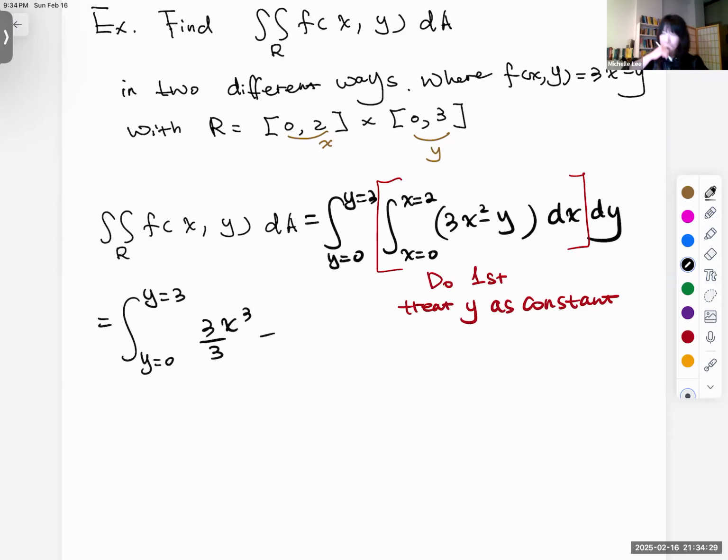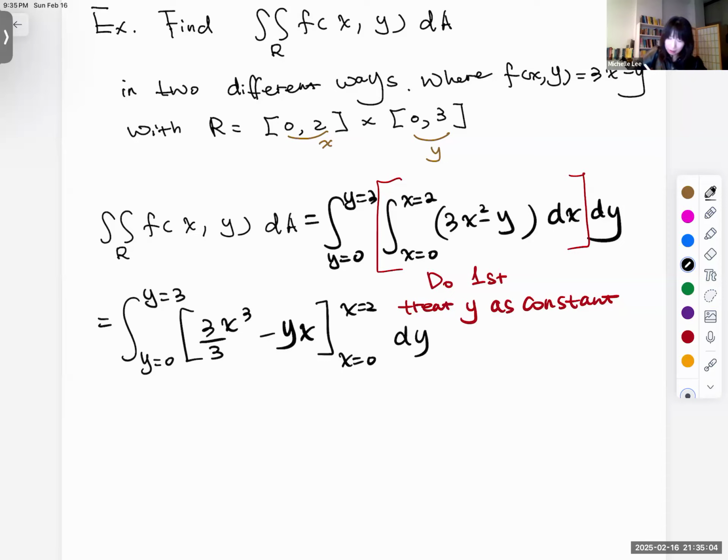Very good. Okay, second term, we want to be careful. Integrate with respect to x, but y is constant, so we keep the constant. Then what? X. Very good. Now we need to evaluate from x equals 0 to 2.